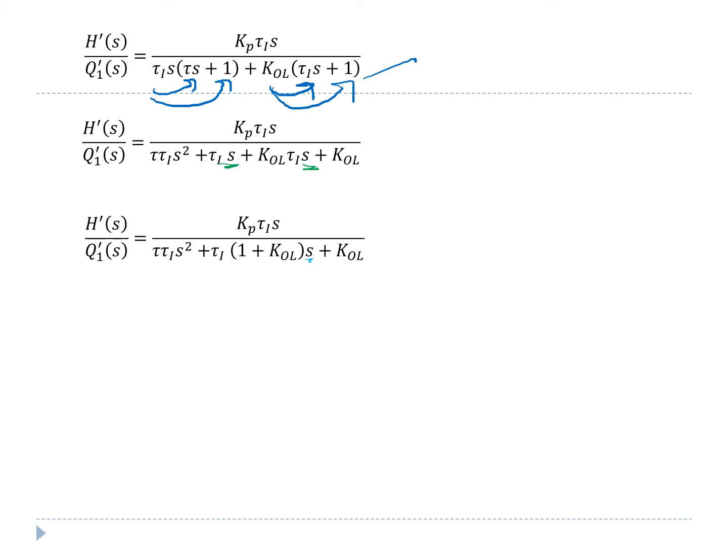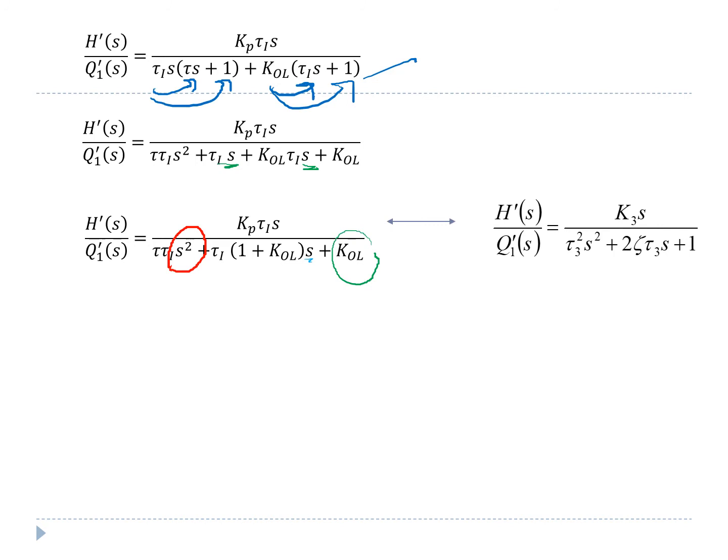If you notice, you have this s squared term, meaning that this is a second order process, but it is not written in standard form because you have KOL here. And we know that for second order, this is the standard form of a second order process, right?